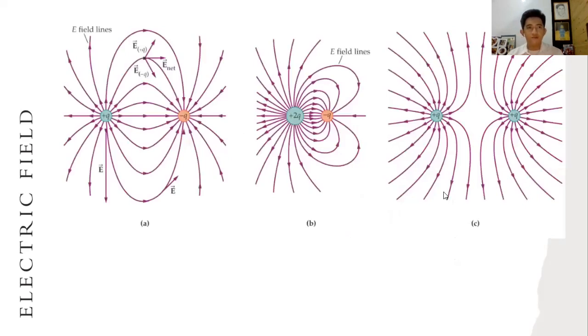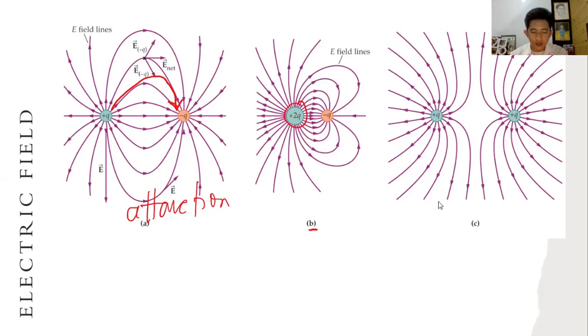In these two diagrams, we have here dipole electric charges. So the first one, in letter A, we have a positive charge and a negative charge. So you will notice that it's moving towards the negative, and we have here an attraction. On the other hand, in letter B, you have here 2q, which means that the magnitude of the charge of the particle is much greater compared to the other particle.